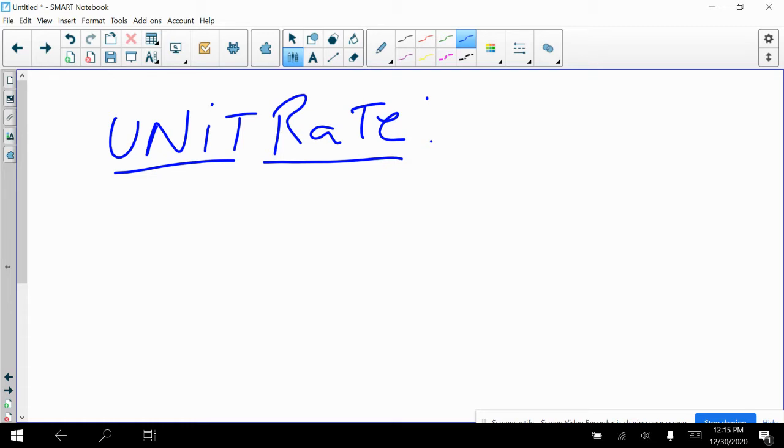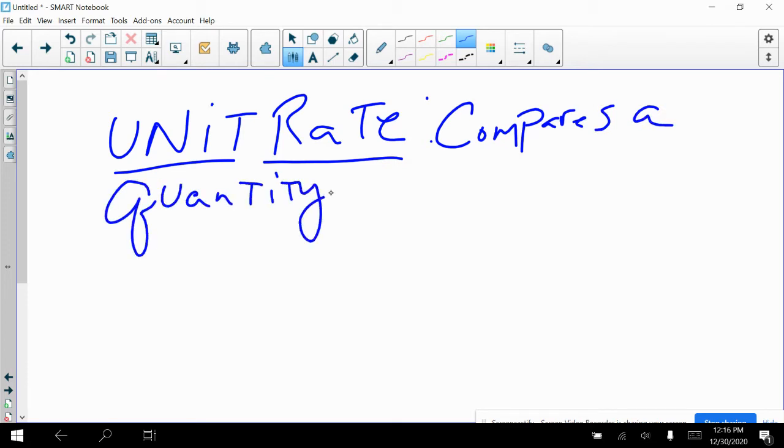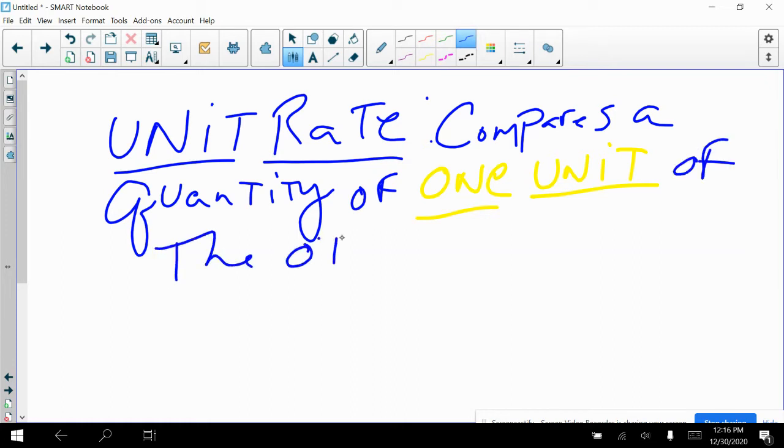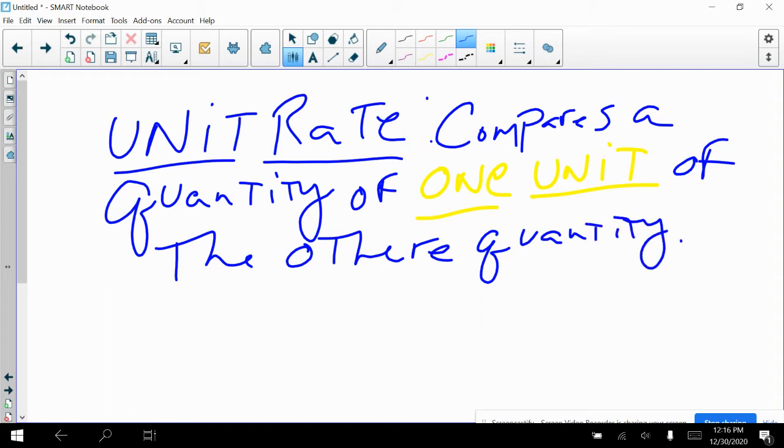Let me write the definition here. And the key there is that it's 1 unit.